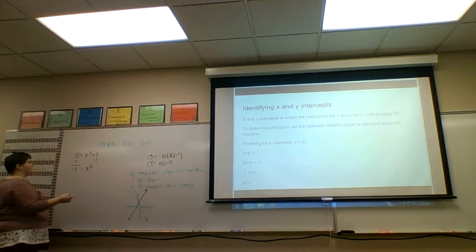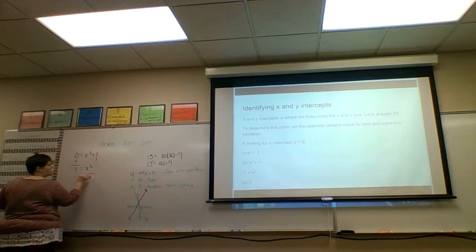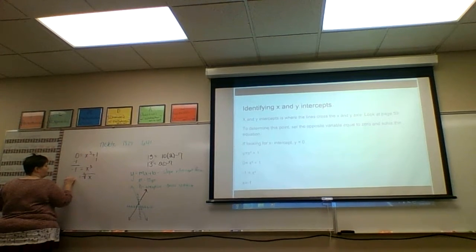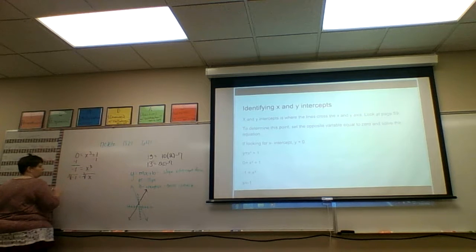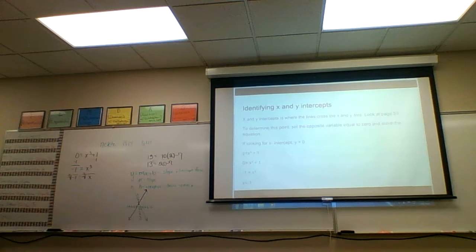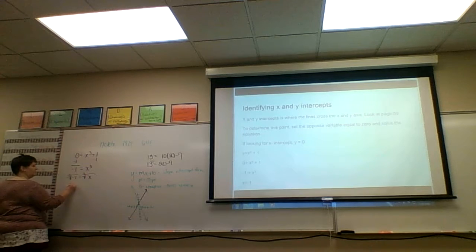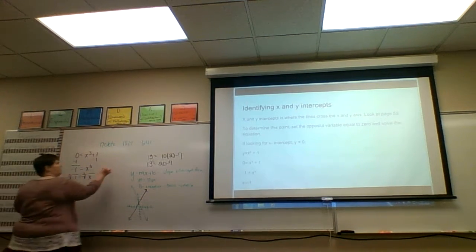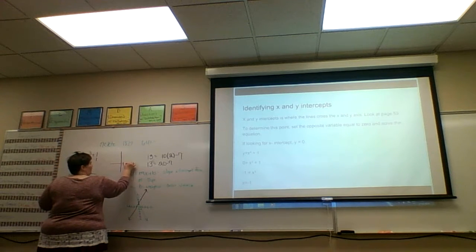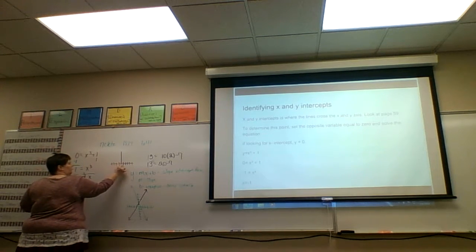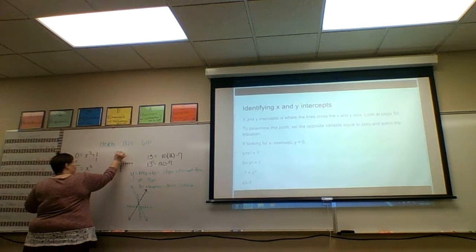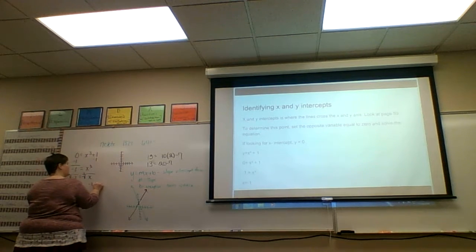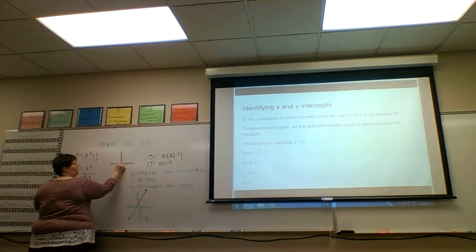Okay, and then I want to find the cube root of X and the cube root of -1. What number times itself 3 times is -1? 1? No. -1. Okay, so it's going to cross over at -1, 0.